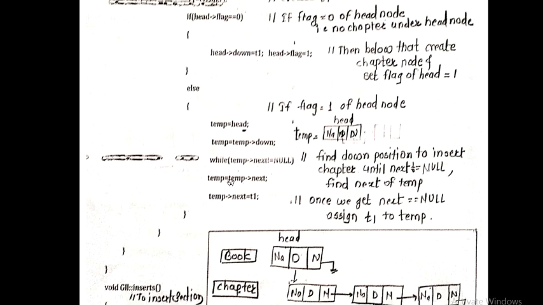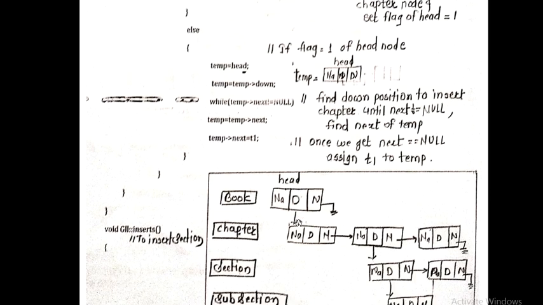Once we get the null field, the while condition becomes false, and at that time we assign the node to the available temp of next. Once next is equal to null, meaning no further chapters are available, we assign that T1 to the temp of next.